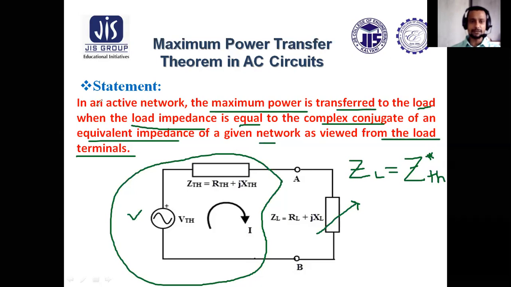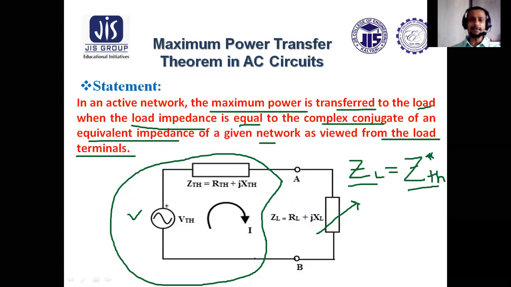So maximum power is transferred to the load side when the load impedance ZL is equal to the complex conjugate of the equivalent impedance of the given network, that is the Thevenin impedance, as viewed from the load terminals. So what we need to do here is go on varying the load impedance, and this variation should be done until ZL becomes ZTH star.